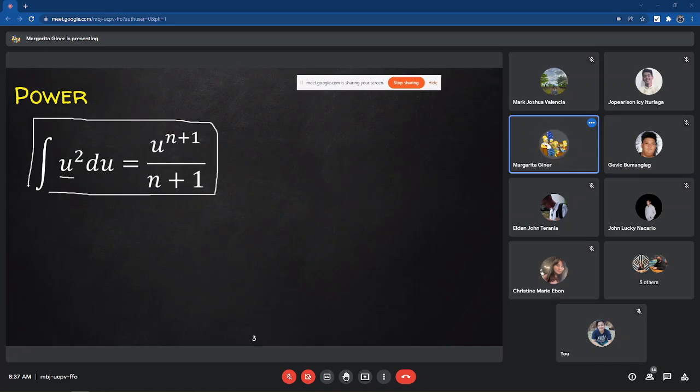This is the formula. So, if you have power ng function, this will be equivalent to u to the n plus 1. So, sa differential calculus, di ba, subtract 1 kita. Sa integral calculus, nag-add 1 kita. Gina-divide natin. Kung anong exponent mo, amo man siya ang i-divide mo. So, again, an example of that is, let's say, the antiderivative of x cubed dx.